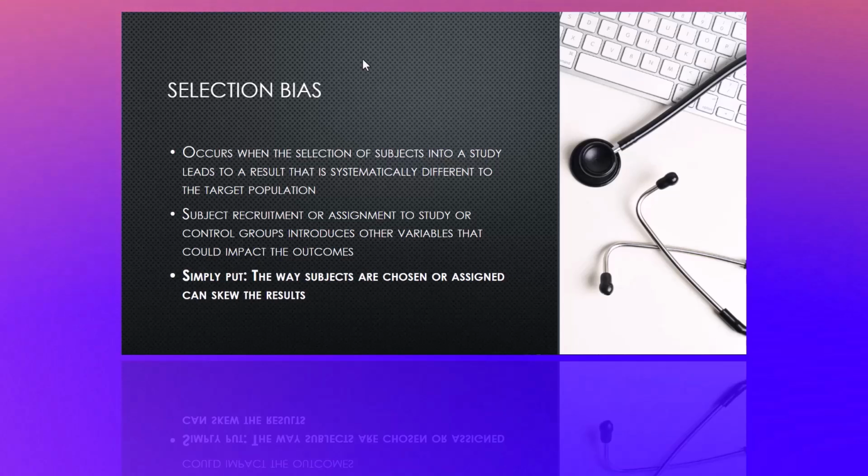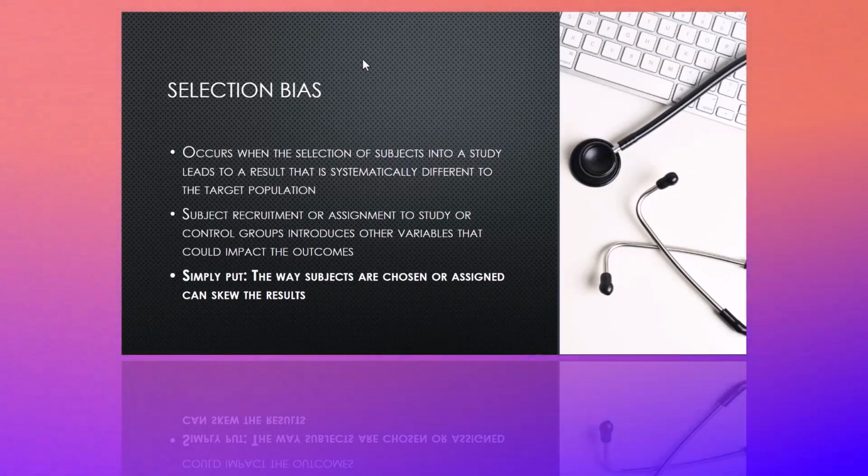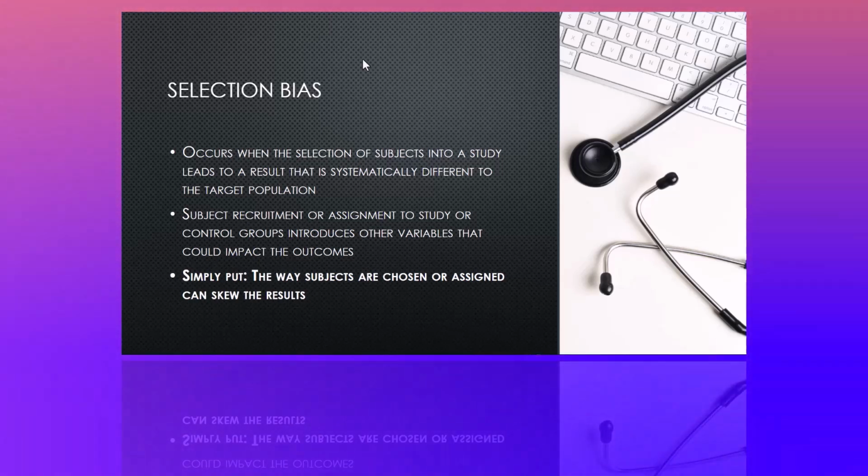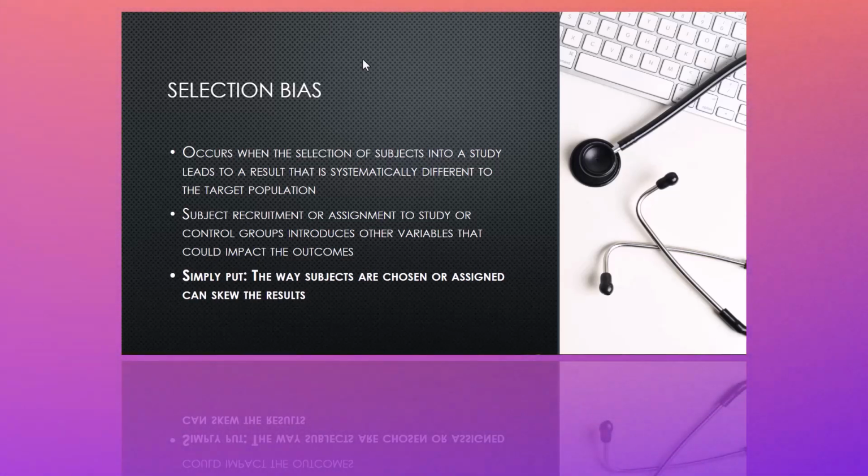One simple example would be to understand the burnout effects of healthcare workers during the COVID pandemic. And then our sample, because I'm a respiratory therapist and just wanted to talk to my friends about it, ends up being mostly or exclusively respiratory therapists.